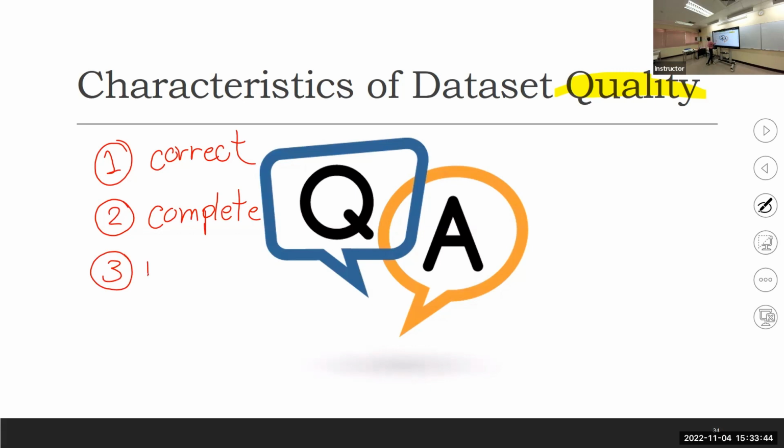Reliable. Okay. Anything else? What other dimensions? When you say that this data has good quality, what are you looking for? Oh, I have other sharing: correct and clean, structure, up to date.